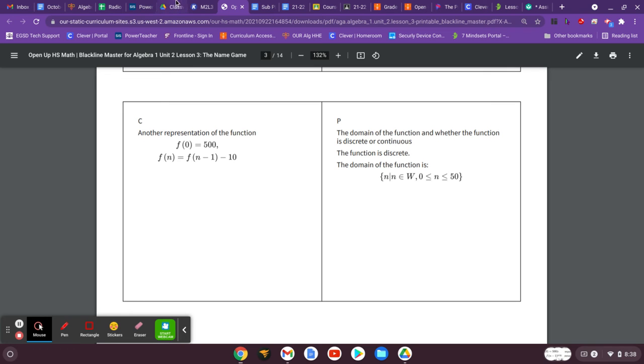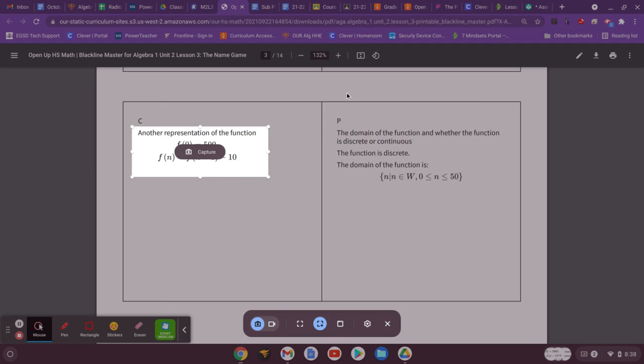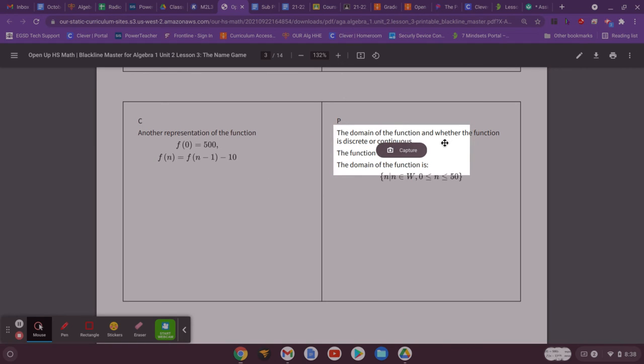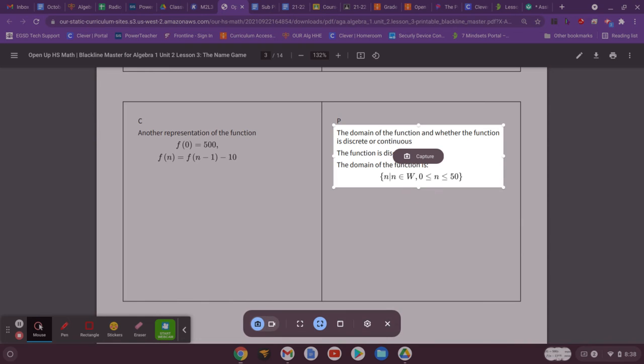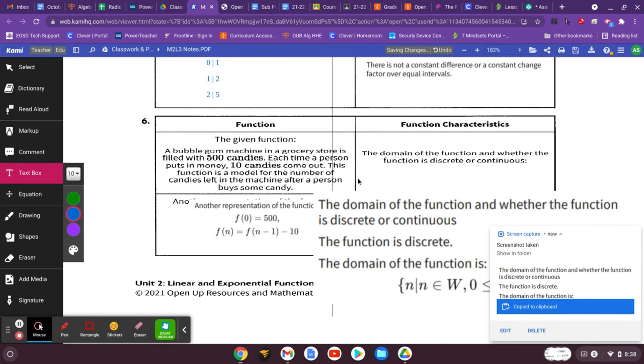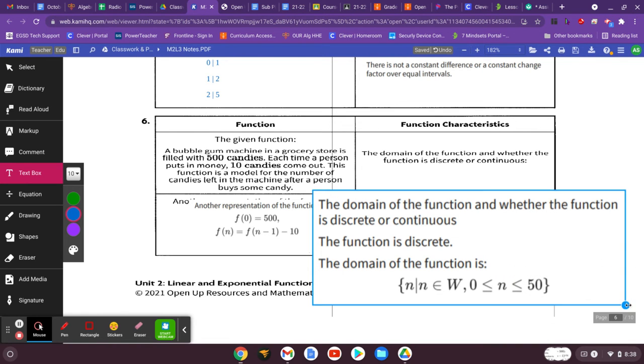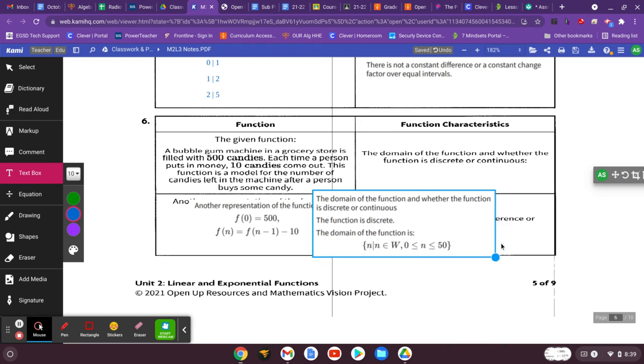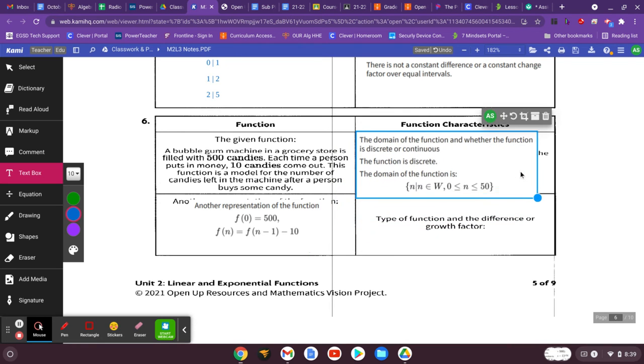Otherwise we run out of candy. So we're going to go ahead and make this our domain. Here we go. There. All right, so that's our domain box.